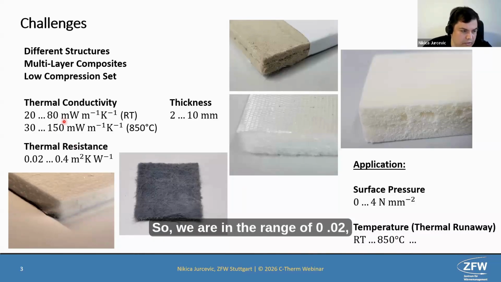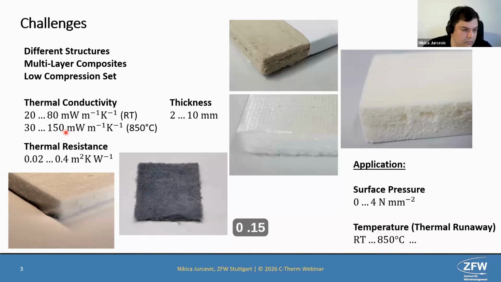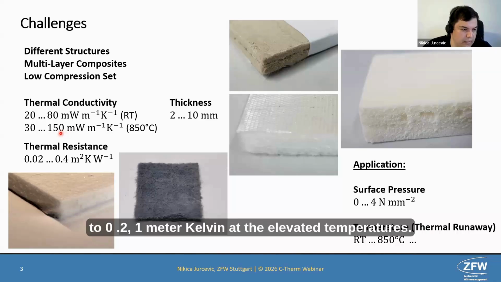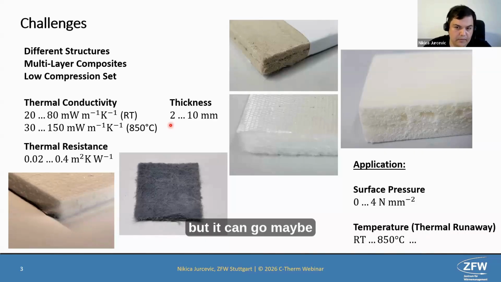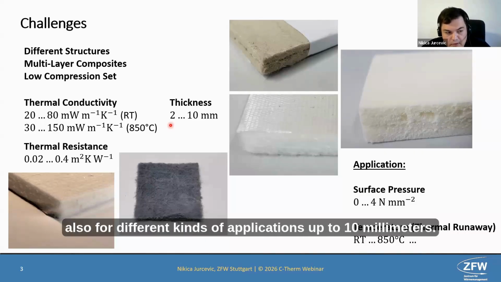We are in the range of 0.02, which is basically still air, up to maybe 0.15 or 0.15 to 0.2 watt per meter Kelvin at elevated temperatures. The thickness range is usually from 2 to 5 millimeters, but it can also go up to 10 millimeters for different applications.